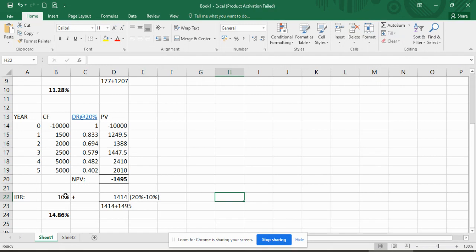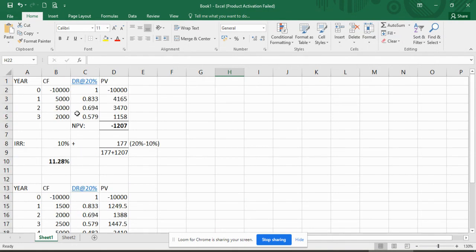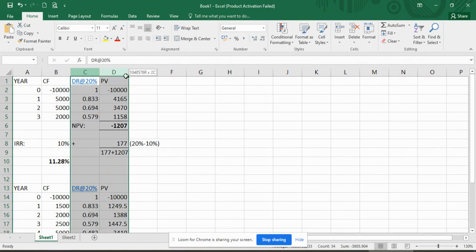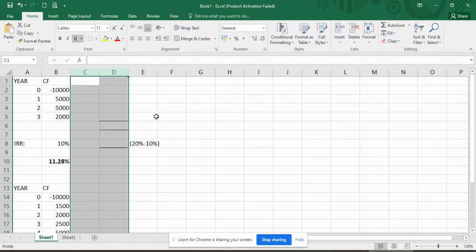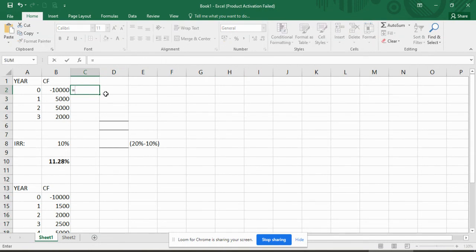All right, so class, for your payback period, what you can do is, let's assume this. We calculate the accumulated cash flow, right?